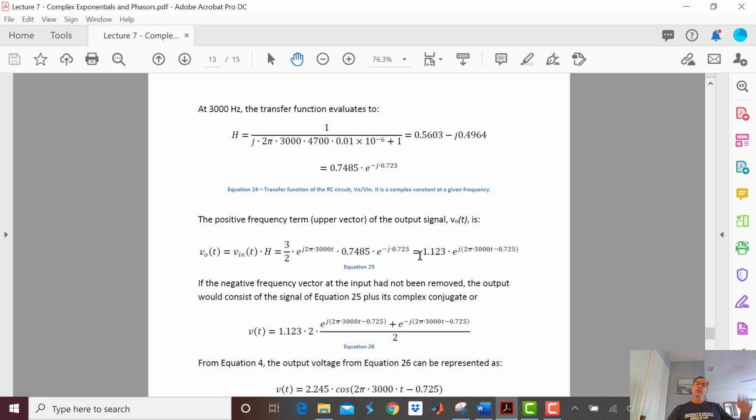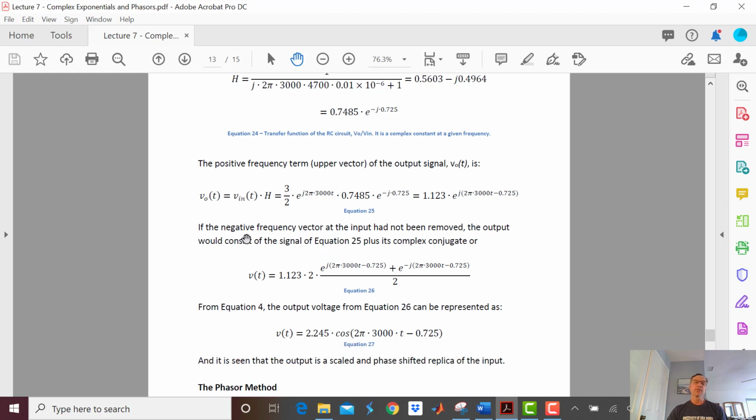So I put a complex input in, I got a complex output out, but I know what I really get is cosine out. So let's just restore that lower vector. If the negative frequency vector at the input had not been removed, the output would consist of the signal of equation 25 plus its complex conjugate. Let's put it in. Here we go.